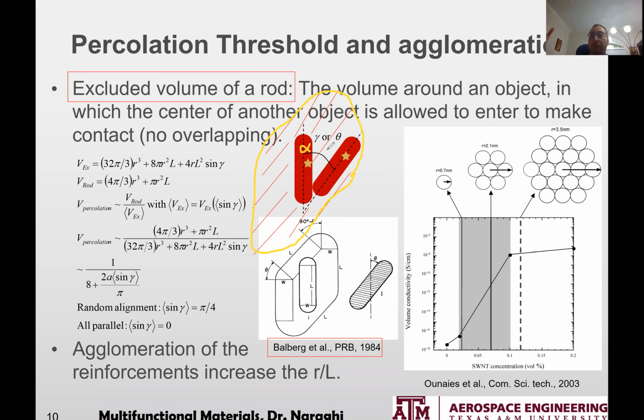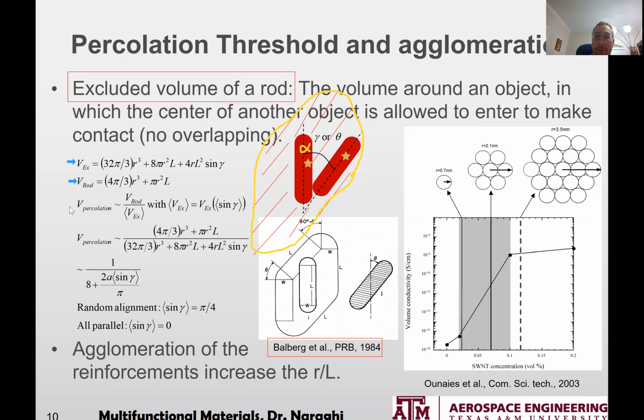It's the volume around object 1 in which object 2 can just touch, but not penetrate, object 1. From simple geometry, if your particles are cylinders with semi-spherical caps at each end, you can easily calculate the volume of each rod. You can also calculate this excluded volume, basically the volume of this yellow thing.